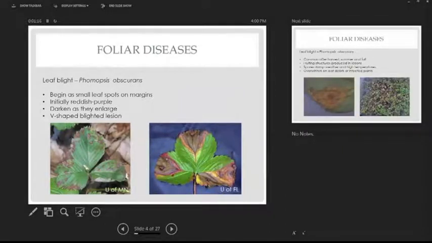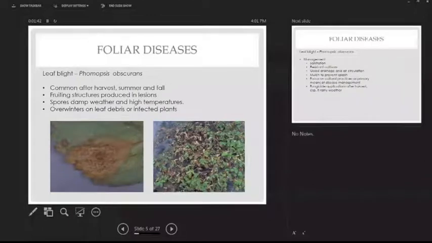Leaf blight, first of all, is caused by Phomopsis. It starts out as small spots on the leaves, usually around the edges, and usually pretty early in the season. They're usually kind of purple, and then that center gets kind of ashy colored. They darken, they enlarge, and you'll see in the photo on the right that wedge-shaped, or V-shaped, lesion, very classic of Phomopsis or strawberry leaf blight.